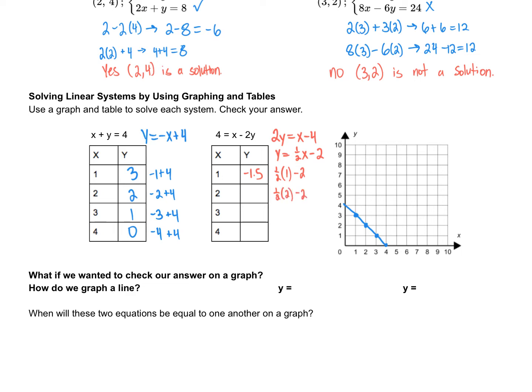If I plug in 2, I get an answer of -1. If I plug in 3, I get an answer of -0.5. And if I plug in 4, I get an answer of 0.